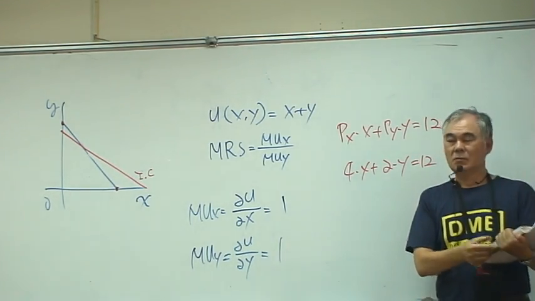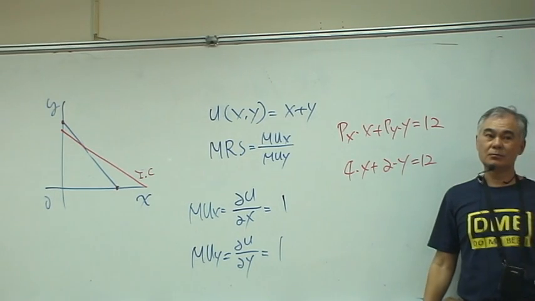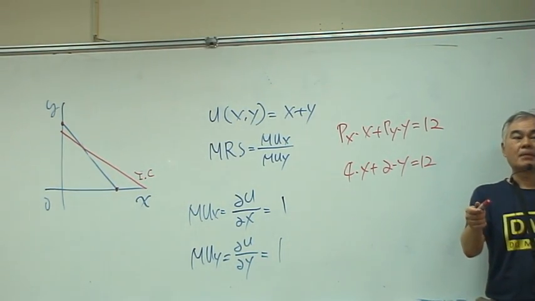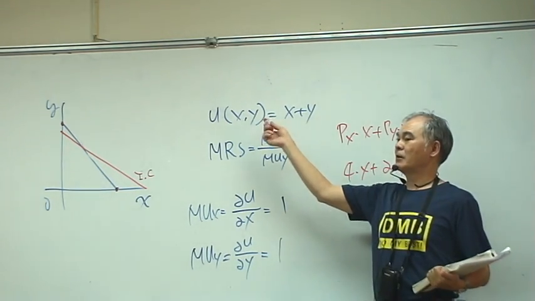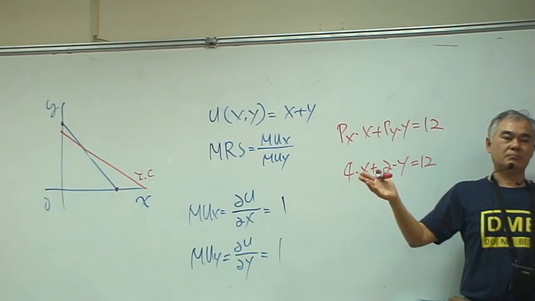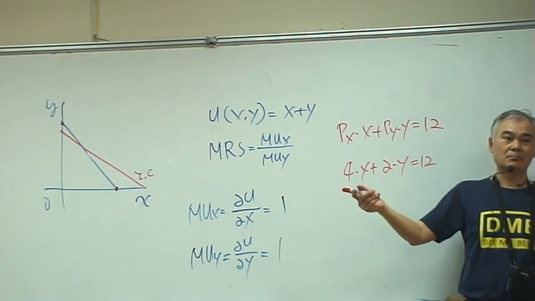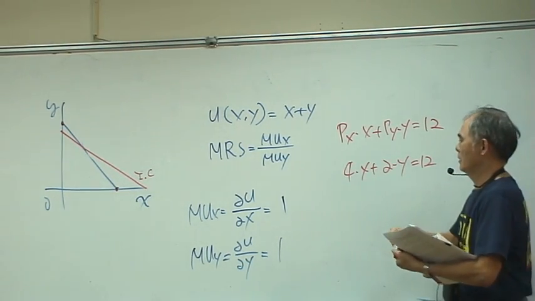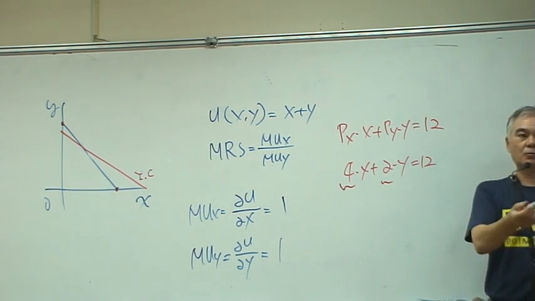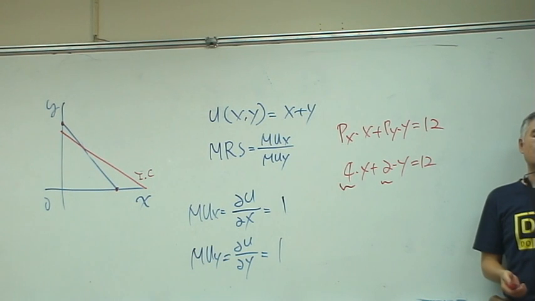In this case, what would you do? You are a consumer, and this is your utility function. So basically X and Y have no meaningful difference to you. This is the price of X, this is the price of Y. What will be your decision? What would you buy?